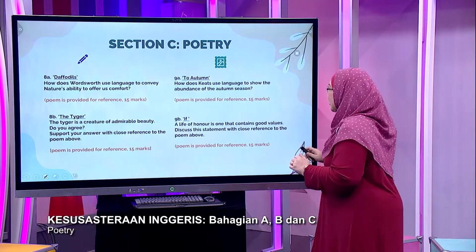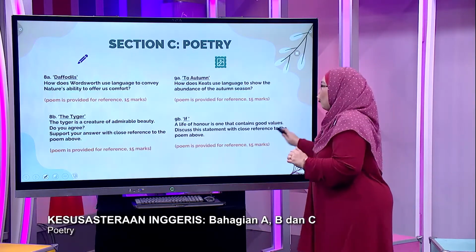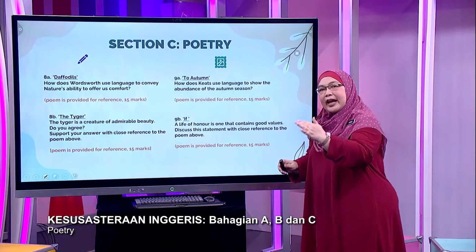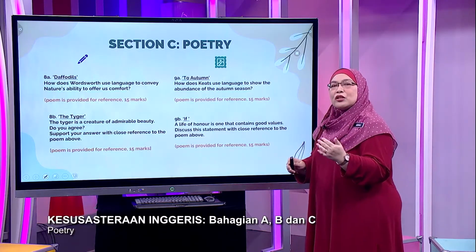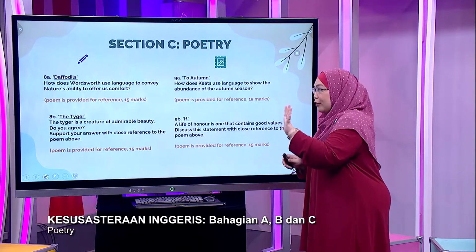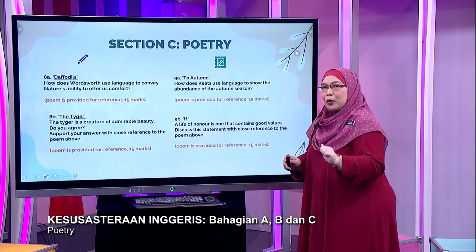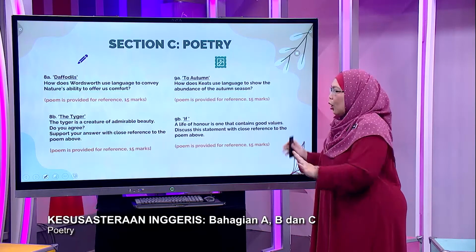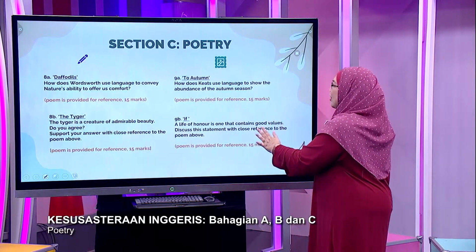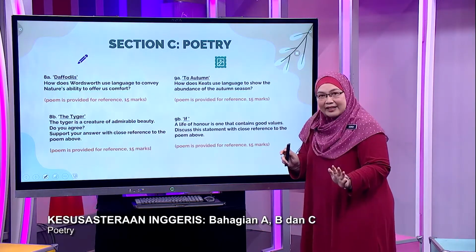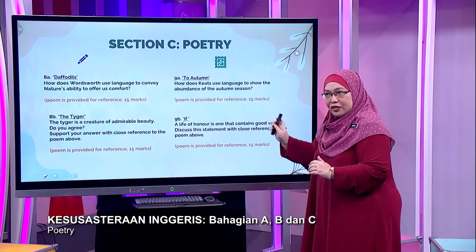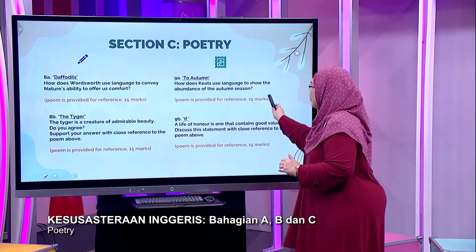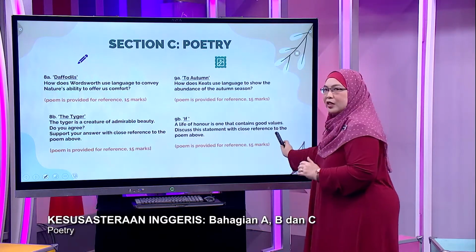Let's take another look at all 4. Unlike section A and section B, where you saw A questions based on extracts valued at 15 and theme questions valued at 20, each of these 4 poem questions is valued at 15. 15, 15, 15, 15.